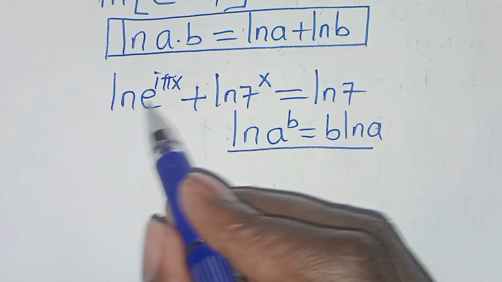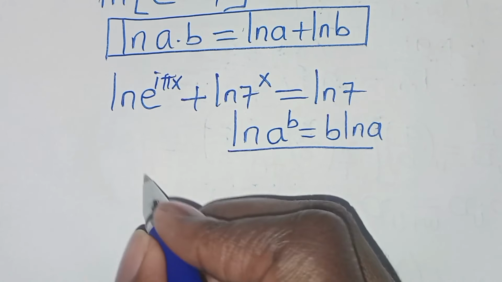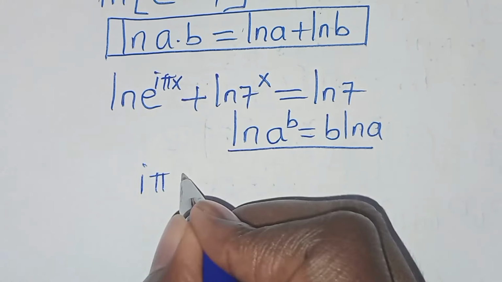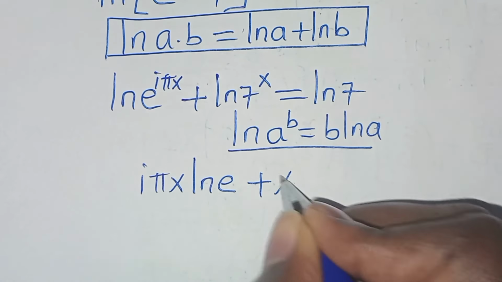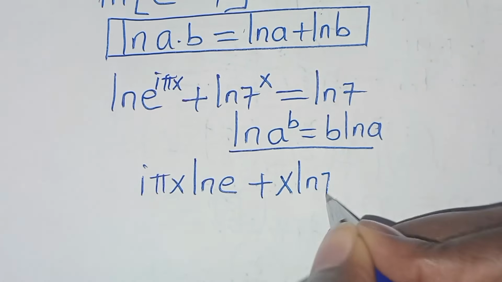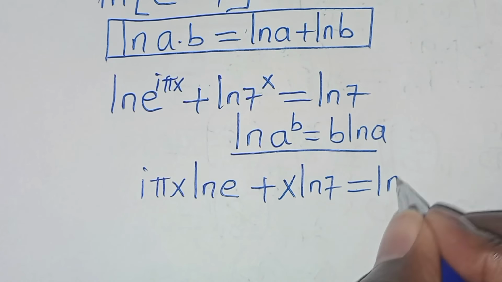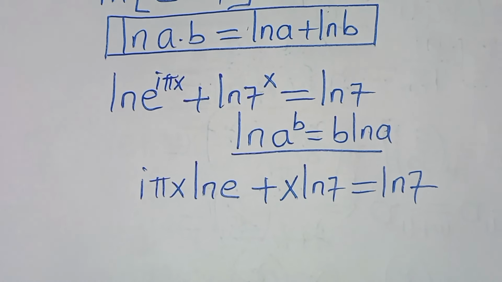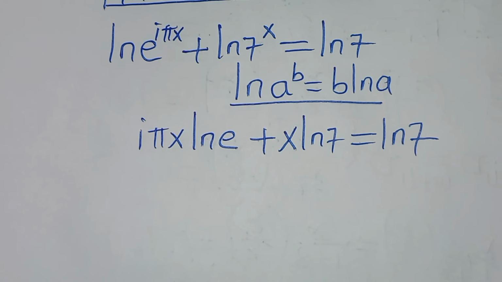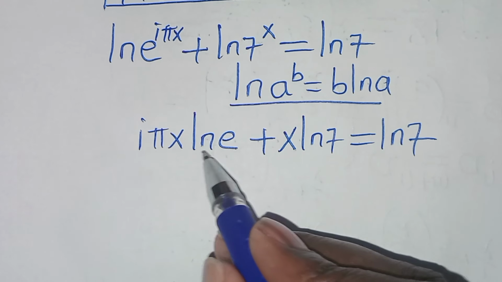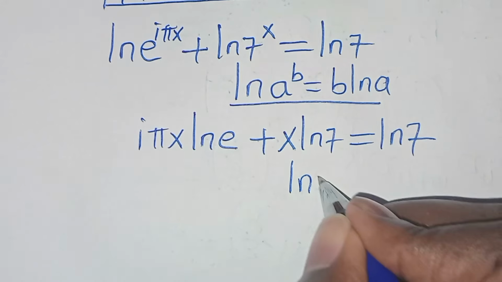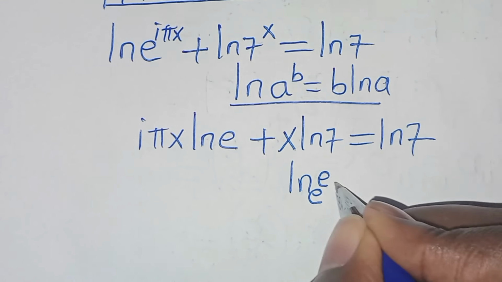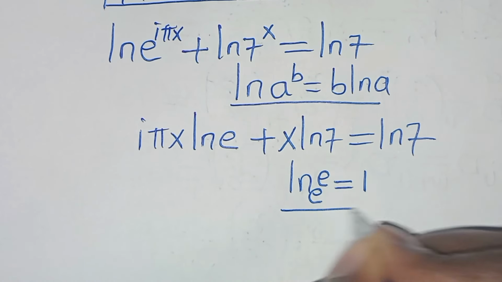Then ln of e^(i pi x) becomes i pi x ln of e, plus x ln of 7, equal to ln of 7. So the next step from here, you find that ln of e can be expressed as ln of e to base e, which is the same thing as 1.